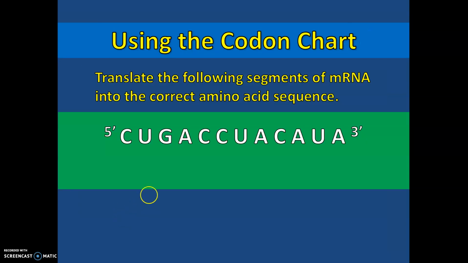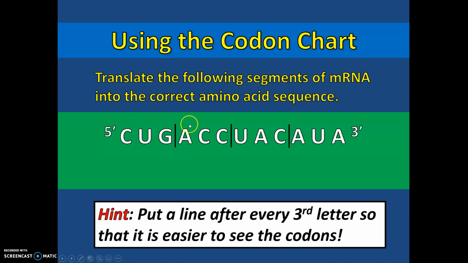So now if we were going to translate this mRNA, and we know it's mRNA because it has U's in it, into the correct amino acid sequence, we would start off by reading 3 letters at a time. So CUG is our first codon, and then ACC, and then UAC, and then AUA.